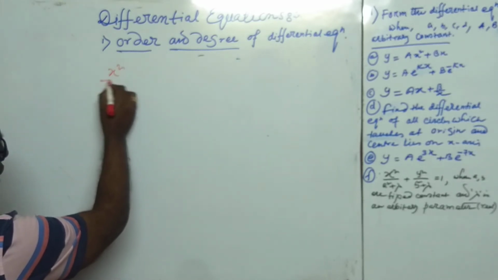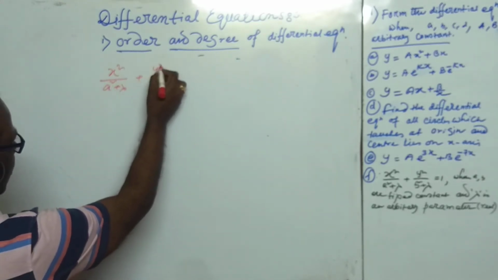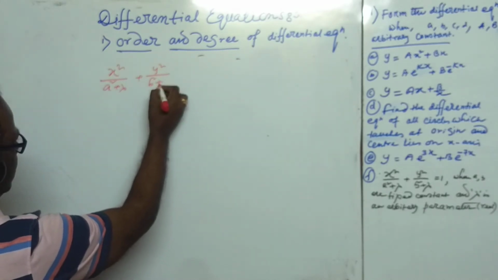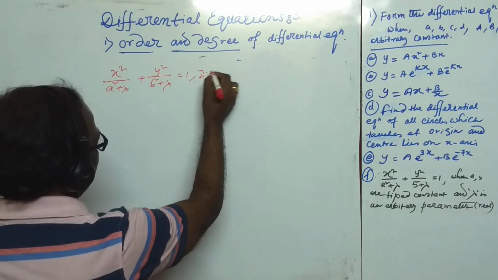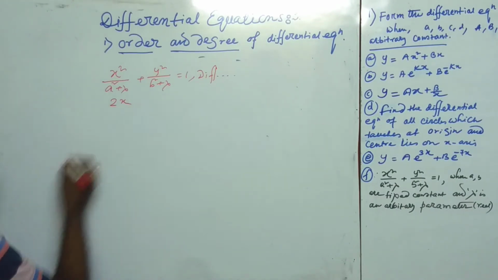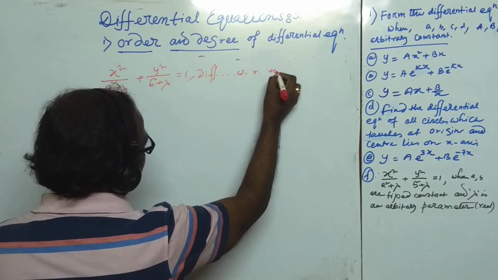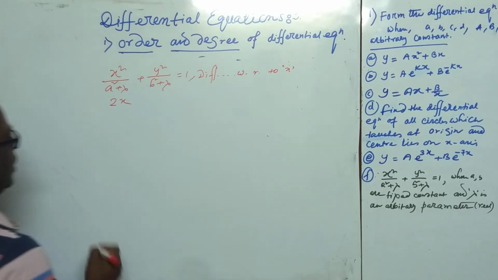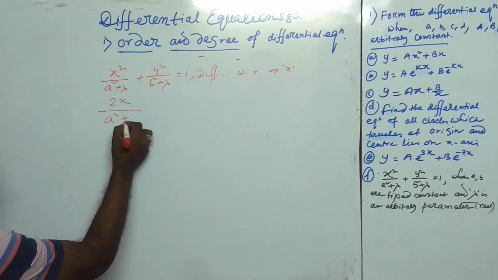Now see here, x square by a square plus lambda, plus y square by b square plus lambda is equal to 1. Differentiate both sides with respect to x.